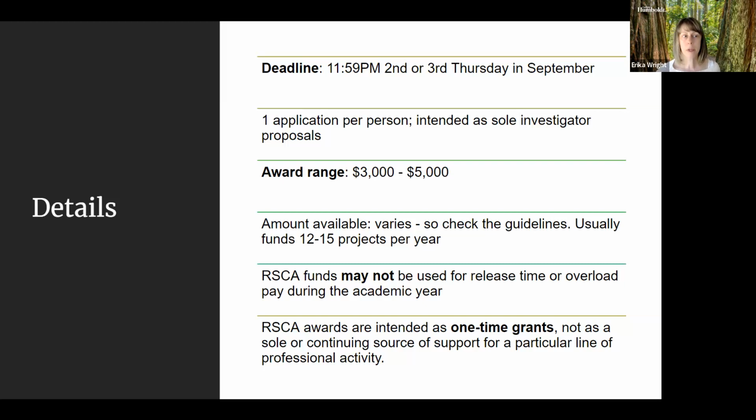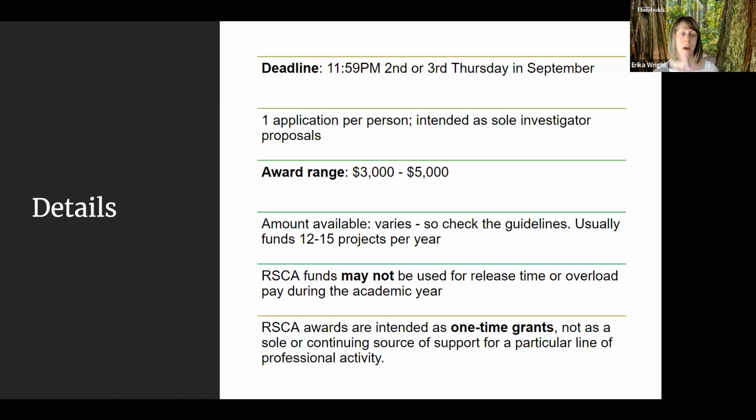And only one application is allowed per person. And this is intended as a sole investigator proposal, meaning it's really not meant to support multiple faculty or teams. It's really meant as an application for one person's project, which makes sense since the award range is $3,000 to $5,000. So these are small projects generally.